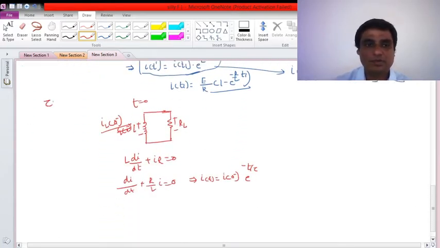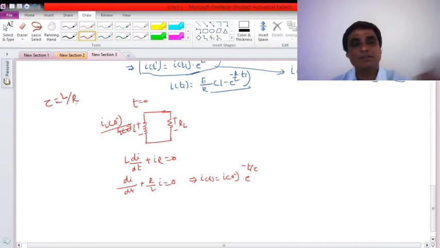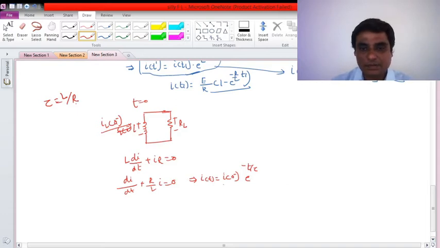The time constant we know is the ratio of L and R, where R is the resistance connected with your inductor. Now this is my I of t at t is equal to 0 switching.